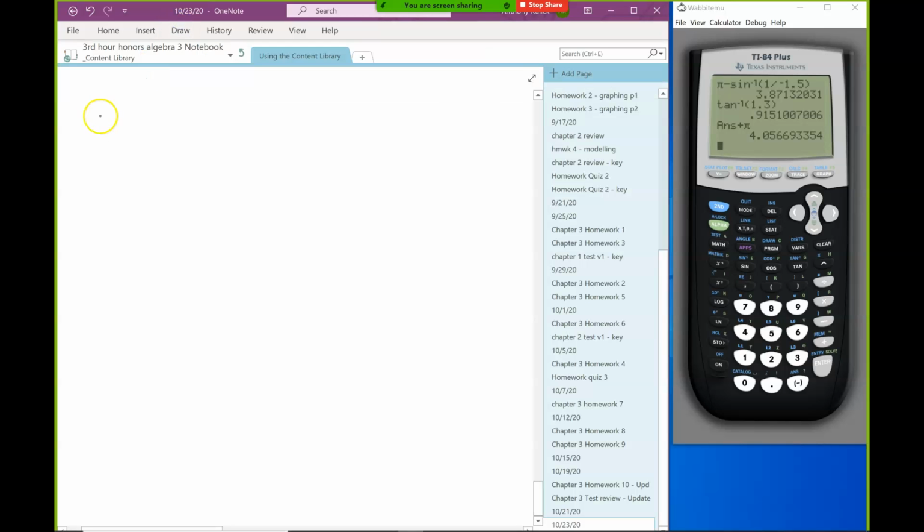So I'm going to write down a system here. And it's the same system that we just looked at a moment ago. So if it's still right there on your paper, you don't necessarily have to recopy it, but I'm just going to write it down again.